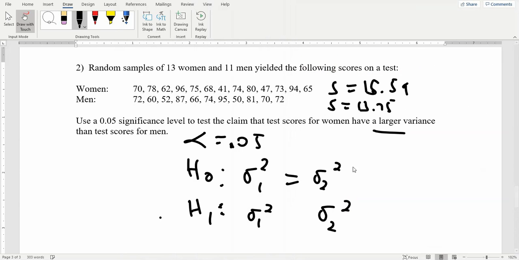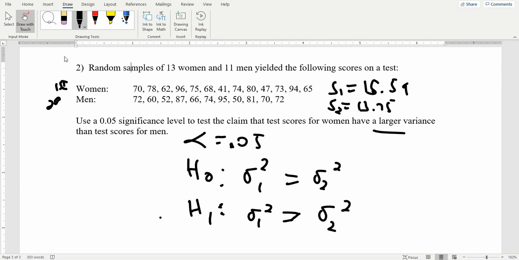That is a big deal, by the way, because since this one is bigger, the women are S1, the first, and the men are the second. So women have a larger variance. That's going to be greater than. If it were reversed, I would have to change the sign or the notation or just make sure that I know what I'm looking at.